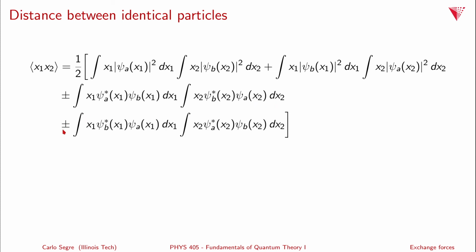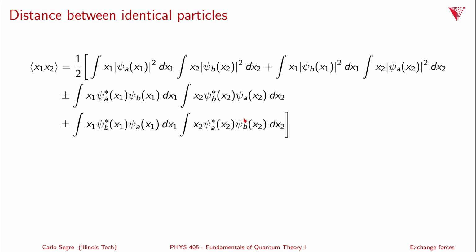And then the final cross term is the integral of x1 ψ_b*(x1) ψ_a(x1) dx1 times the integral of x2 ψ_a*(x2) ψ_b(x2) dx2.